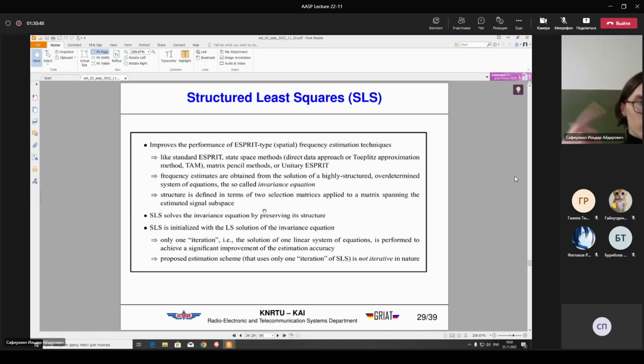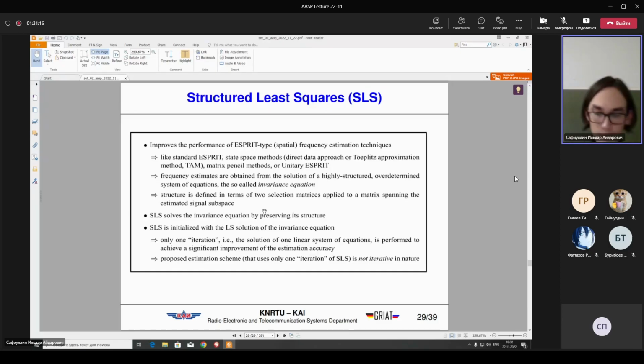Using only one iteration, we can improve our estimations. But of course, we can calculate more than one iteration here. So now, let's go next.